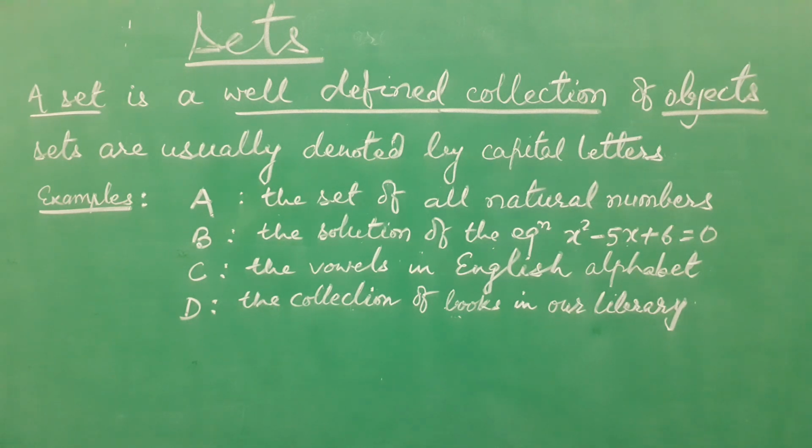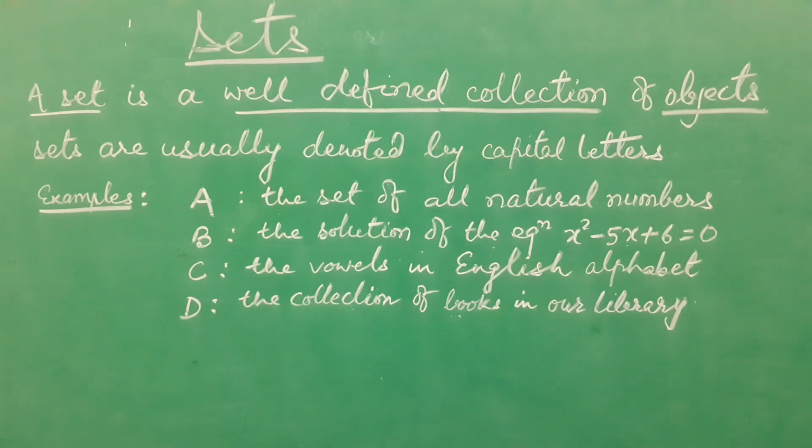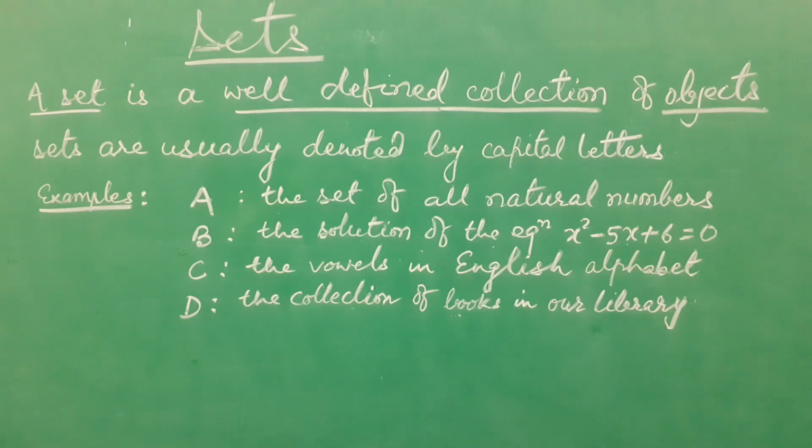But if we are thinking of some good children from your class, from your neighborhood, from somewhere, then we don't have the criteria for good, for bad, for some talent. Like in your class, if you are going to select the brilliant student based on some examination, then we can decide.